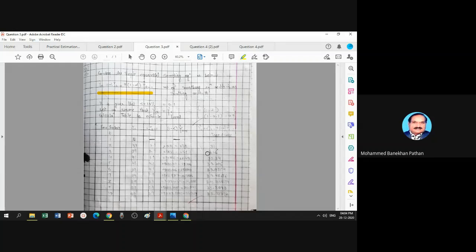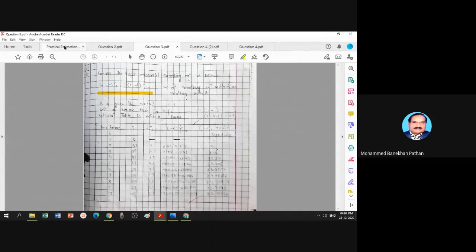This plus this is the last column. By using this method, you have to complete this table. What you get in the last column is known as the trend values by using the exponential smoothing equation. That is y hat t equals alpha times y t minus 1 plus 1 minus alpha times y hat t minus 1.